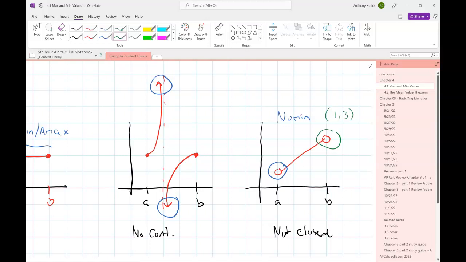But anytime you find a bigger value of f of x, you can just add another digit to the end of it, and you have a bigger value of f of x, and you haven't gotten to f of b there. So again, no absolute max and no absolute min. It's certainly possible to draw that if you don't have the closed interval requirement.